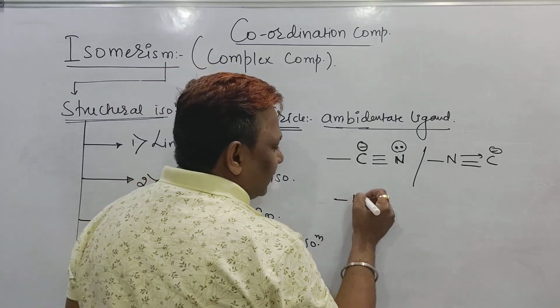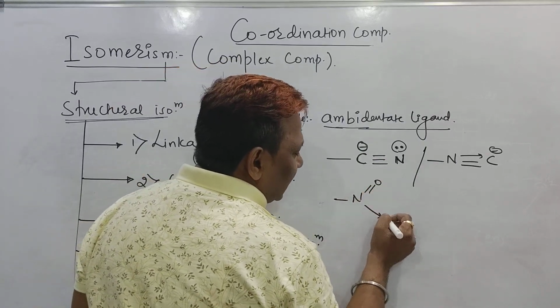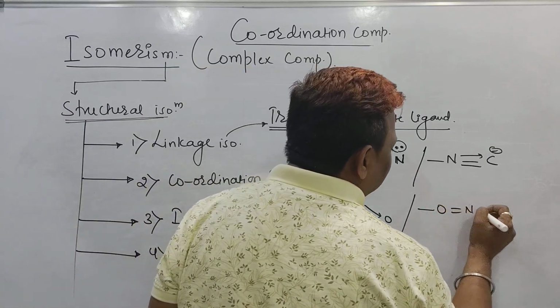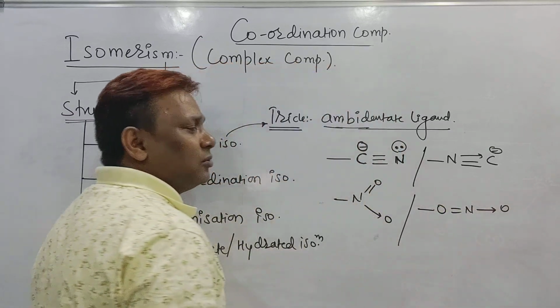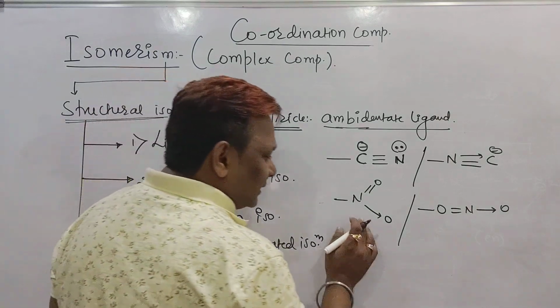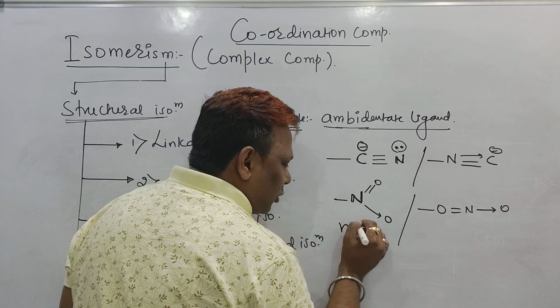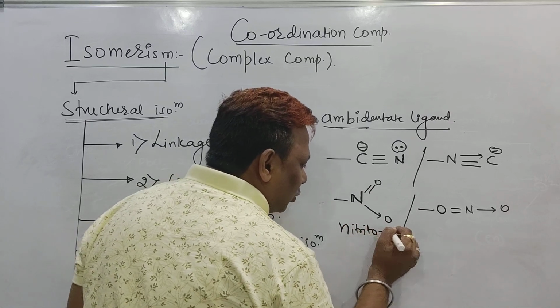In the same way, N double bond O, dative bond O, this is called nitro. Suppose the nitrogen atom is the donor, I should call it nitrito-N.